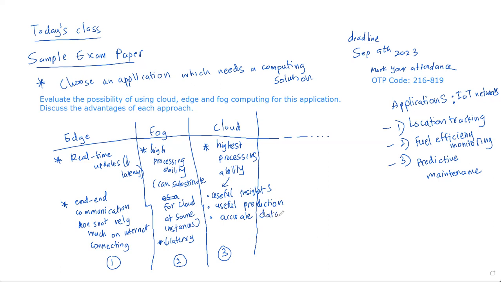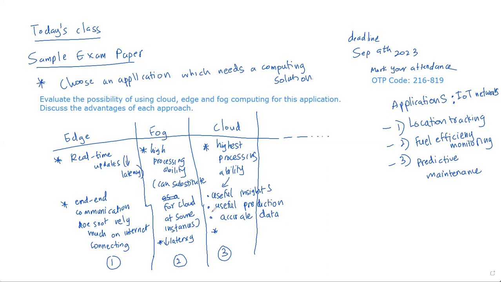So accurate data can be given using cloud computing. The latency will be highest in that case. However, in terms of the accuracy of the data processing and the analysis of the data, cloud computing can be good. Apart from that, what is the other kind of advantage in cloud computing mainly?